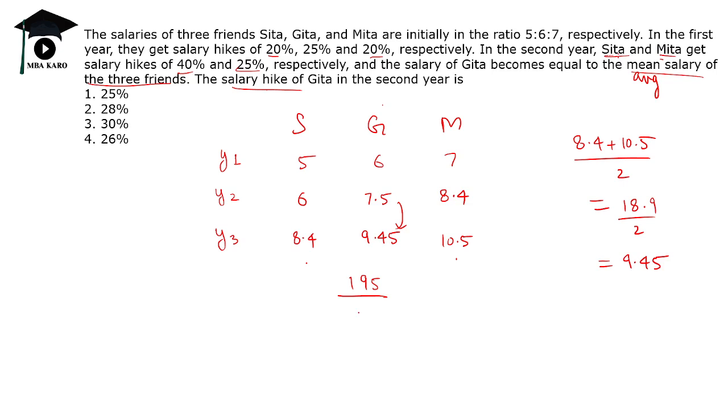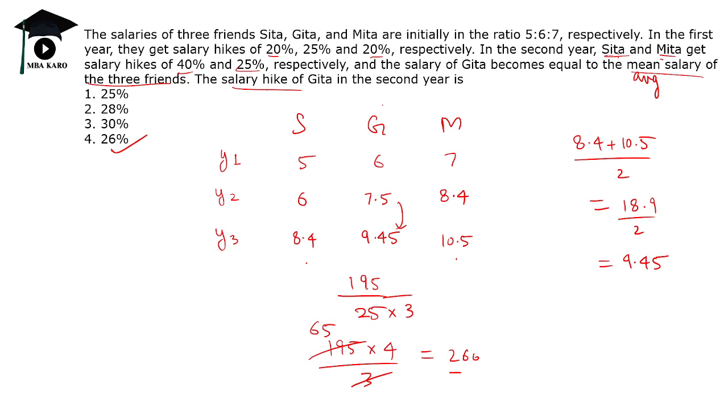You can make it like 25 into 3. And wherever we need to divide by 25, instead of dividing, multiply by 4. So 195 into 4 by 3, if you do, you will get 65, 65 into 4 is 260. That means answer would be 26%, ignoring decimals and zeros.